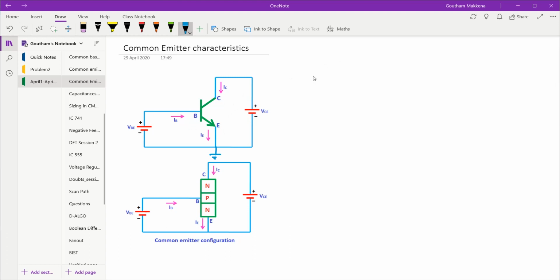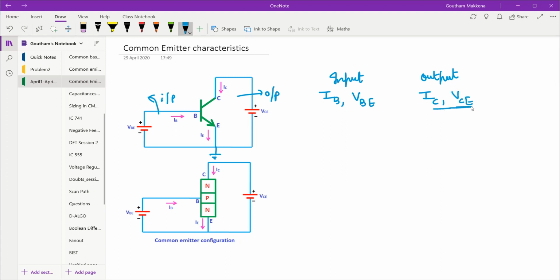So here this would be your input side, and this is your output side. At the input side, the current is nothing but IB and the voltage is nothing but VBE. Similarly at the output side, the current is IC and the voltage is VCE.